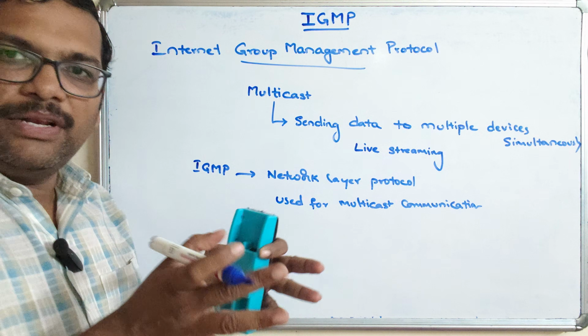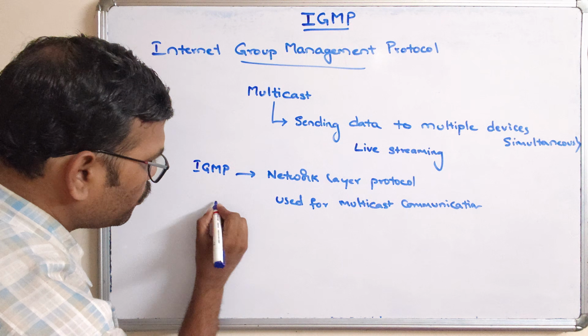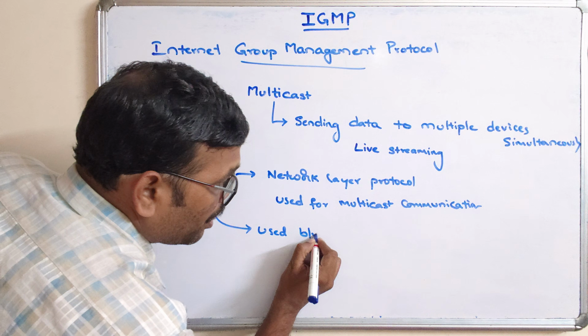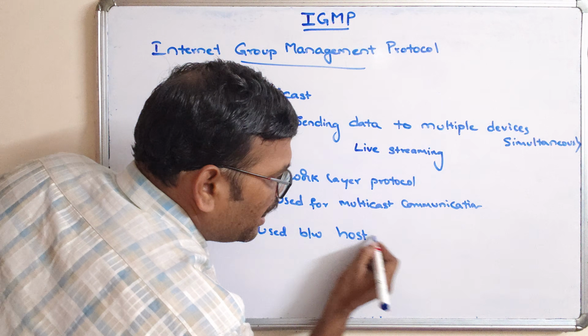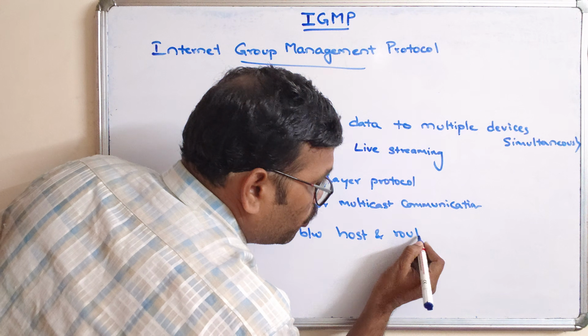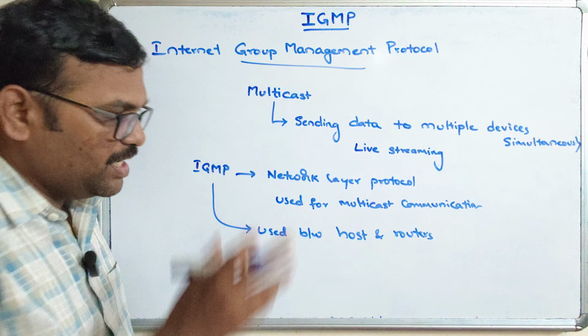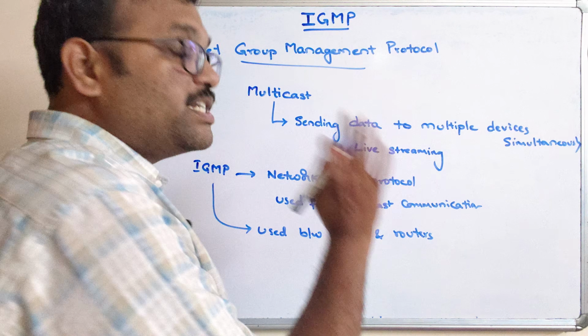Here the communication will be between the host and routers. Host and routers, not between routers and not between hosts. So it will be used between a host and routers.